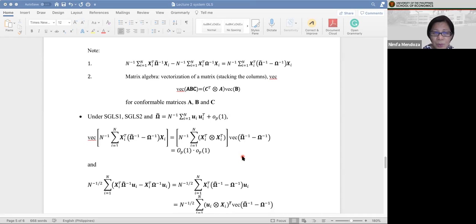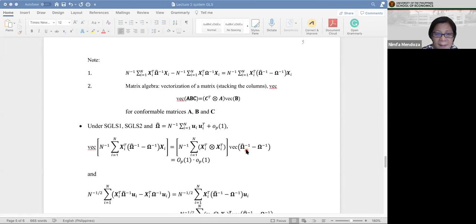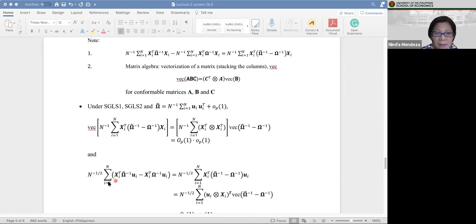Then we know that the terms in this vector would approach zero in probability. And then we have n to the minus 1/2, the summation of x sub i transpose omega hat inverse u sub i minus x sub i transpose omega inverse u sub i.